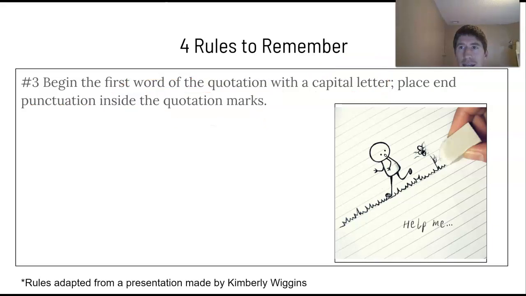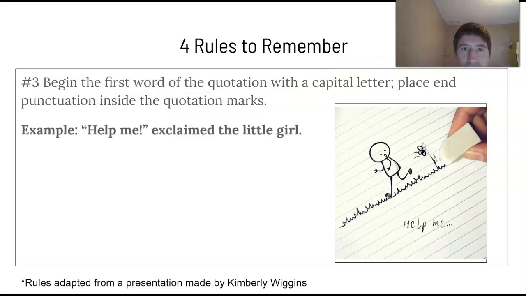So what does that look like? Here's an example for you. We've got our first word right here. So help is the first word, so we capitalize that, and then end punctuation is inside those quotation marks right there. Okay?